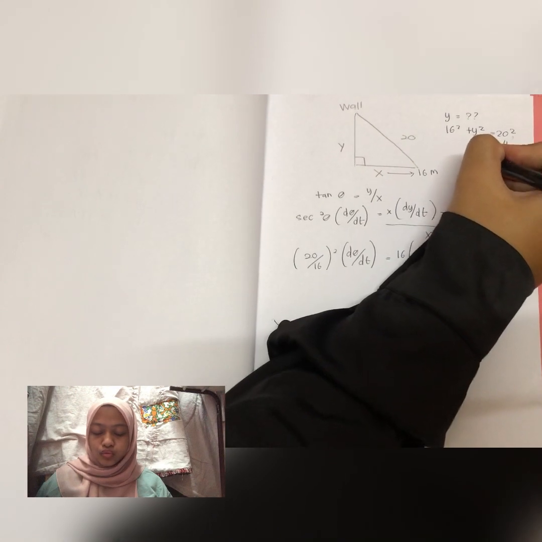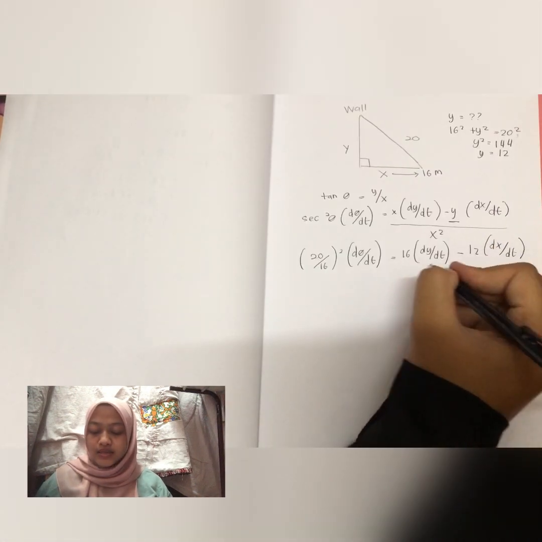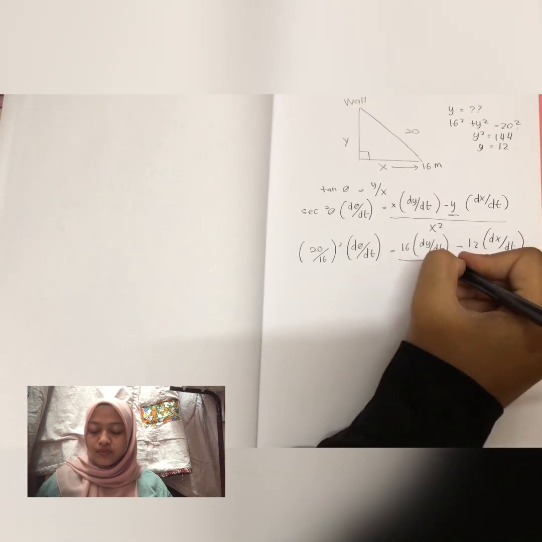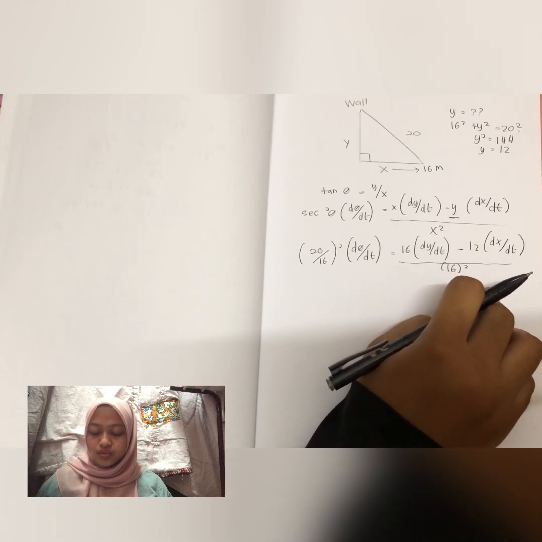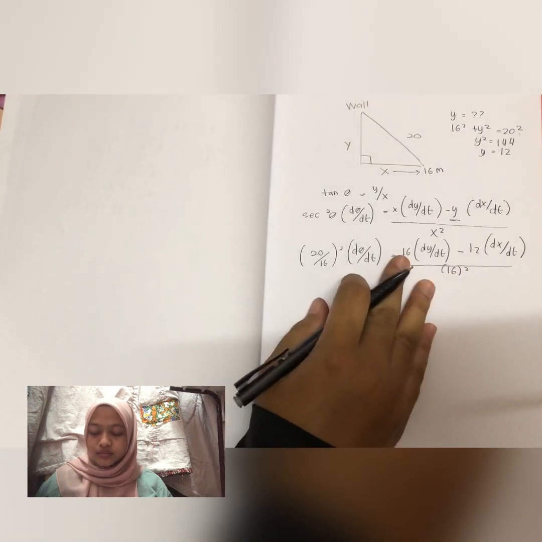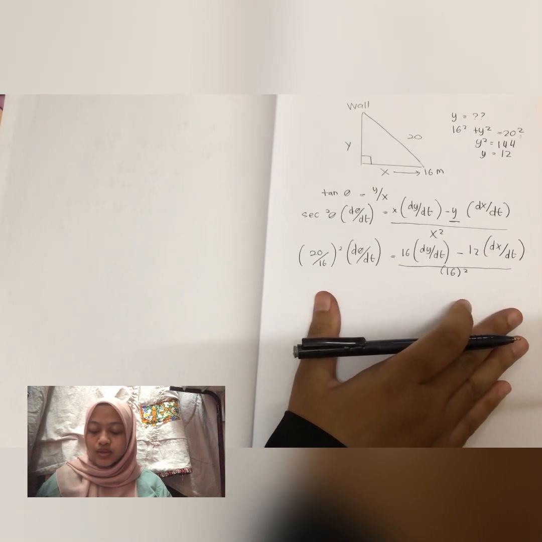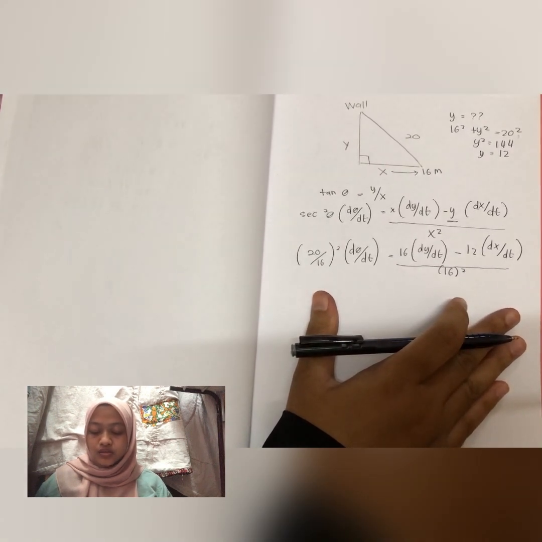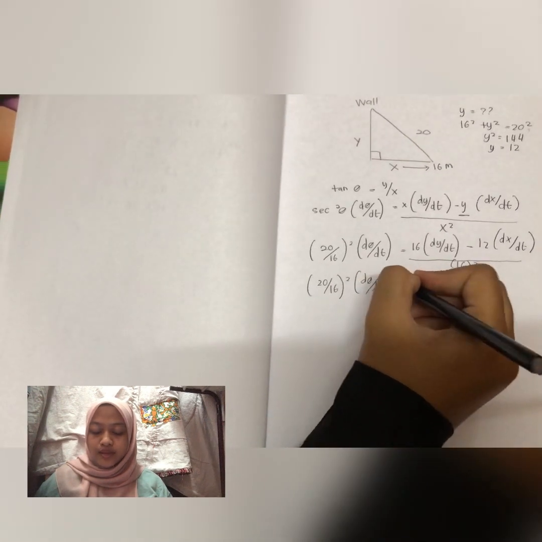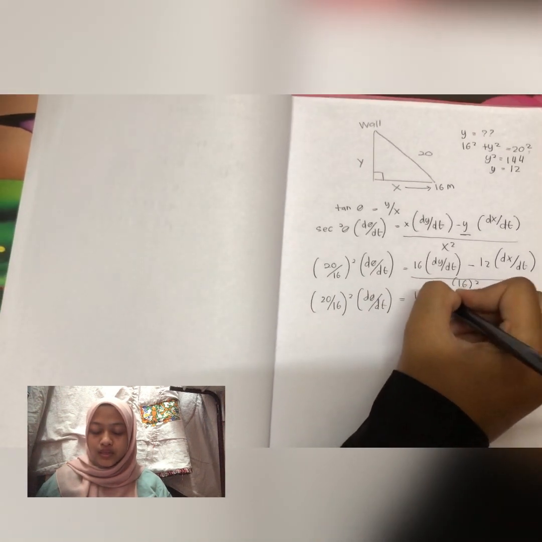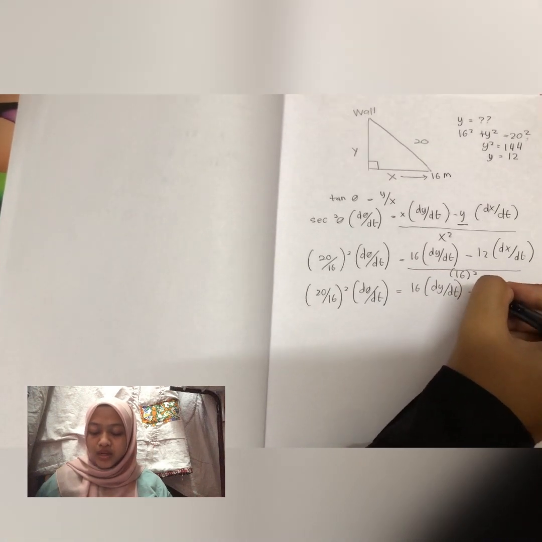Therefore, y equal to 12. So substitute 12 into y, minus 12 multiplied with dx over dt, over 16 squared. So 20 over 16 squared, multiplied with d theta over dt equal to 16 dy over dt, minus 12.